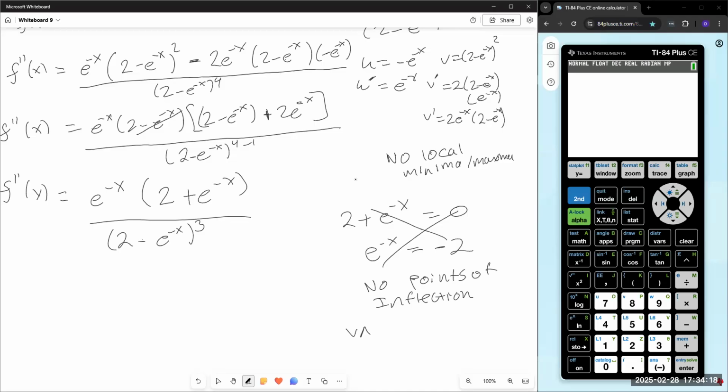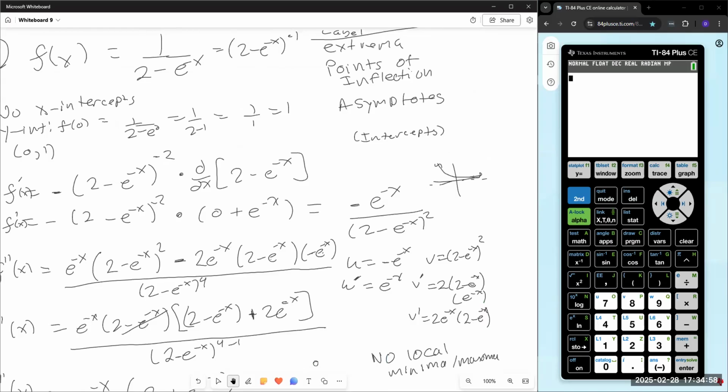So there's nothing for us to label other than to find our asymptotes, which we know we have a vertical asymptote. We've been talking about it a little bit at x equals negative ln of 2, or ln of 1/2 if you want to write it that way. And we have horizontal asymptotes. Let's find the limits here. The limit as x goes to negative infinity of 1 over 2 minus e to the negative x is going to be 1 over, and then e to the negative x, as I go off to the left, goes off to positive infinity.